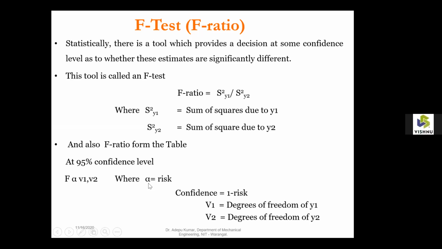Alpha is the risk, and confidence is 1 minus risk, and V1 is the degrees of freedom of y1 and V2 the degrees of freedom of y2. So 95% confidence means 5% risk. For that, you should know alpha, that is 1 minus 0.95, the confidence level, so alpha is 0.05.